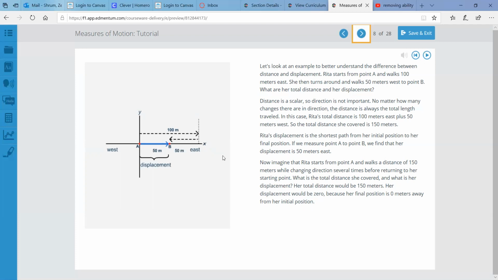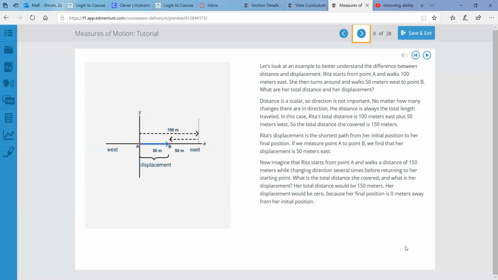But her displacement is the shortest path from point A to her final point. And that happens to be 50 meters east of A. Okay? So don't forget the direction. The shortest distance between A and the final point is displacement plus a direction. So 50 meters east.